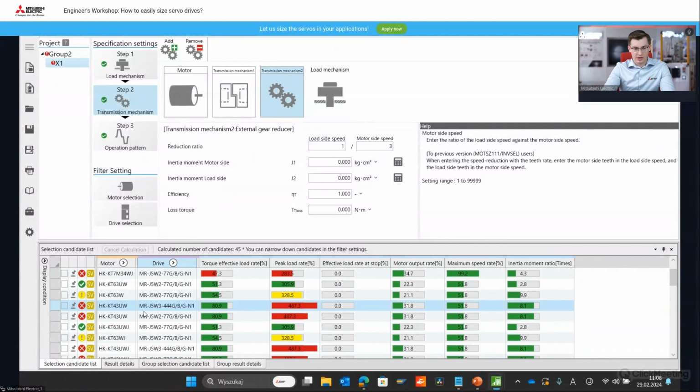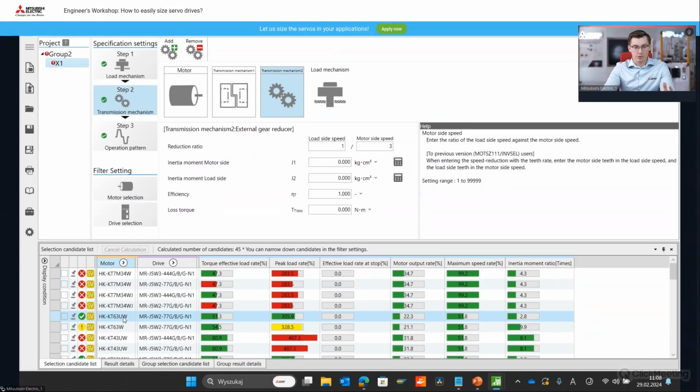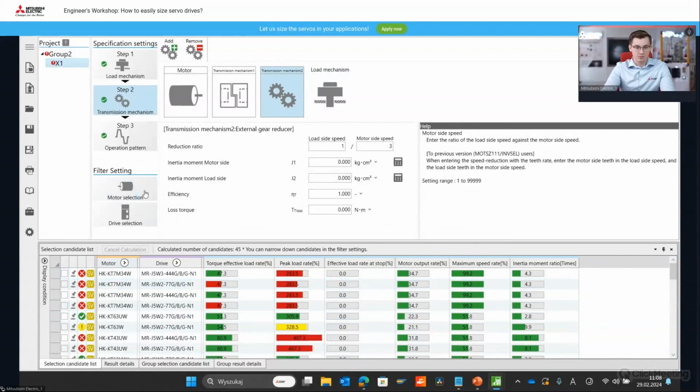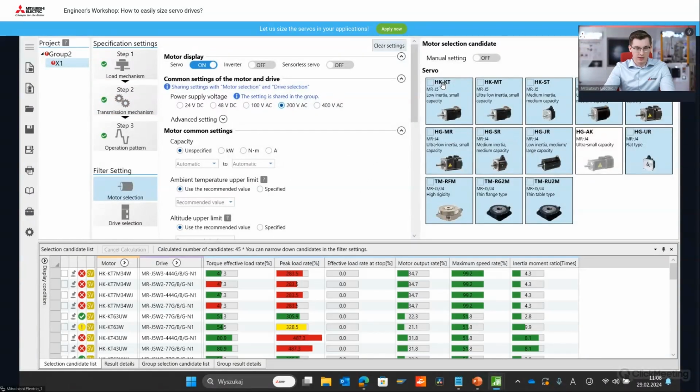Some of them, of course, are red, but some of them are possible, let's say, to use. I will also check if with changing, for example, some of the parameters, I will be able to do something with that, to even smaller it.